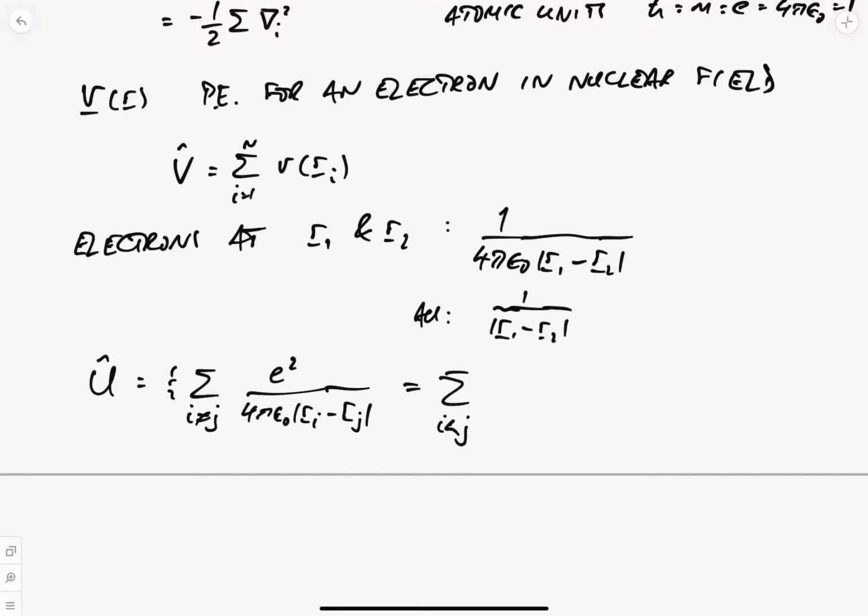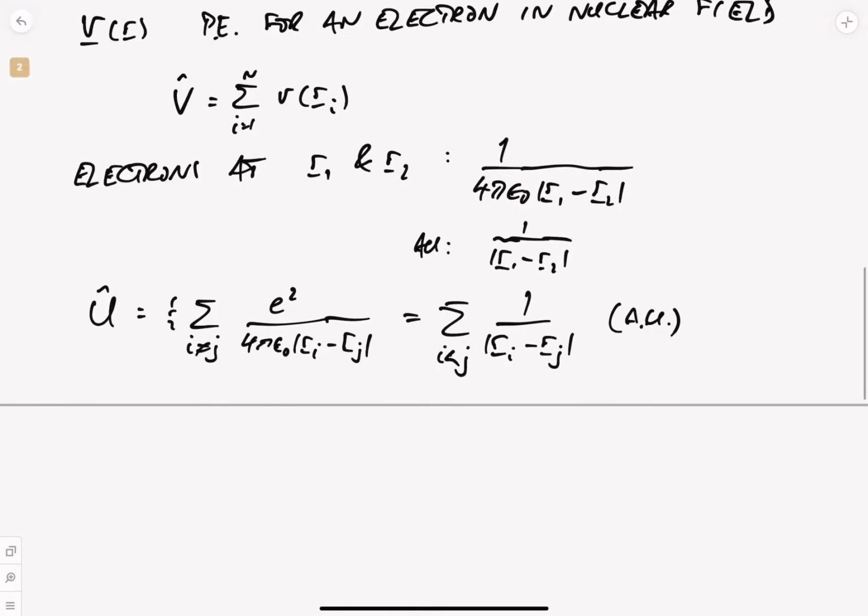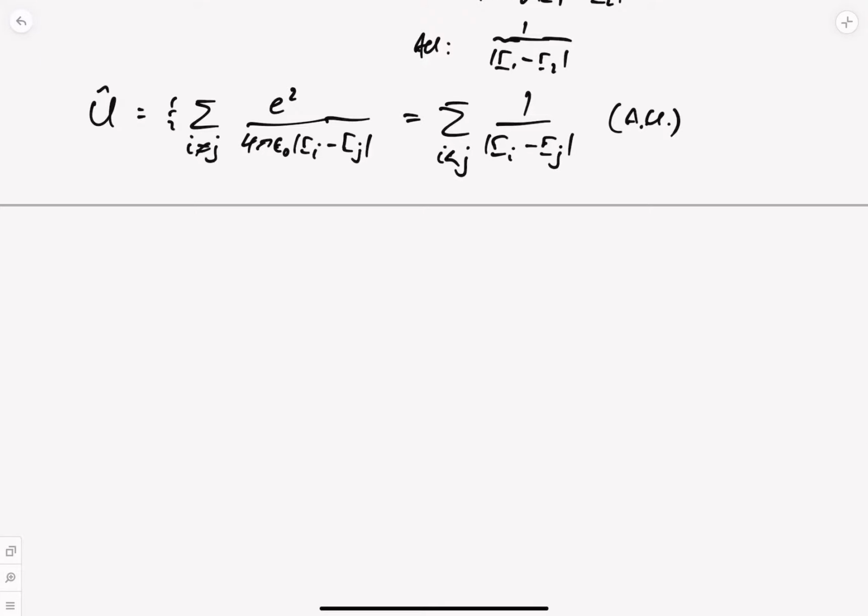So notice that avoids both the double counting and the having two electrons not interacting with each other, times 1 over |r_i minus r_j|, and notice that here again I've used atomic units in the second set. So the total Hamiltonian is then given by the sum of all of those terms.